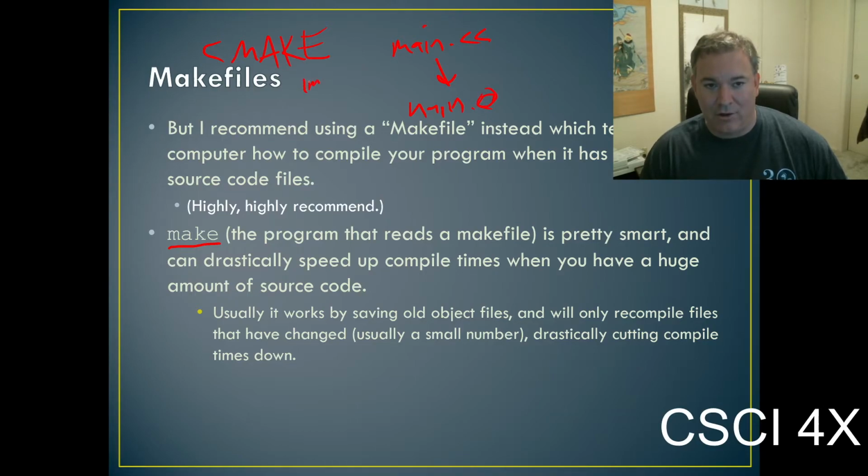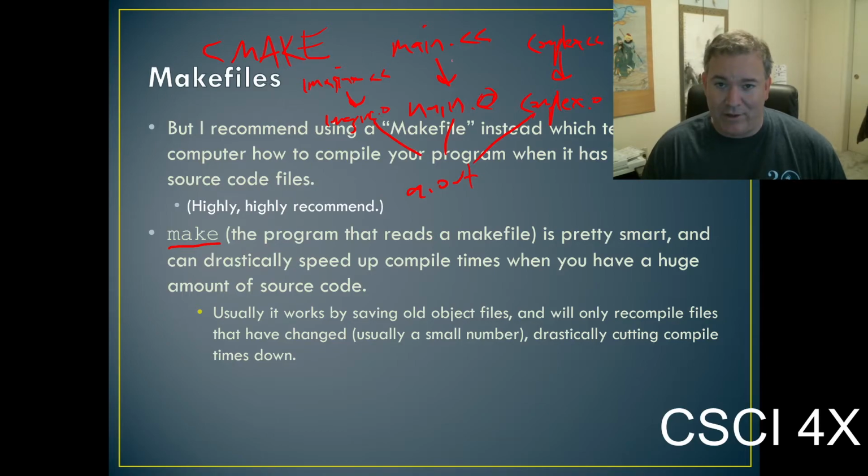We need imagine.cc turned into imagine.o. We need complex.cc turned into complex.o. The first time you build your project, it does all of these steps for you. And then it takes all three of these .o files and makes a.out out of them.